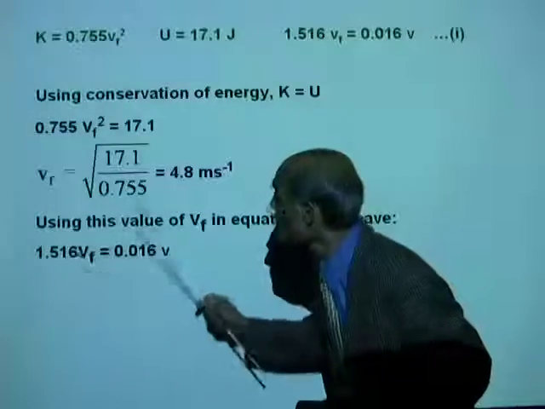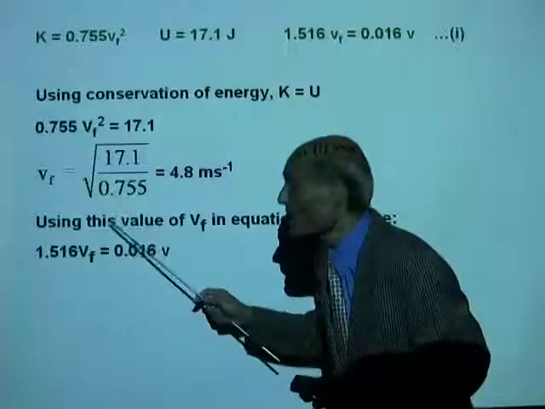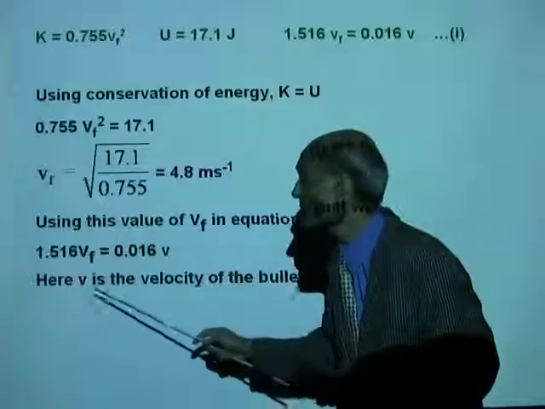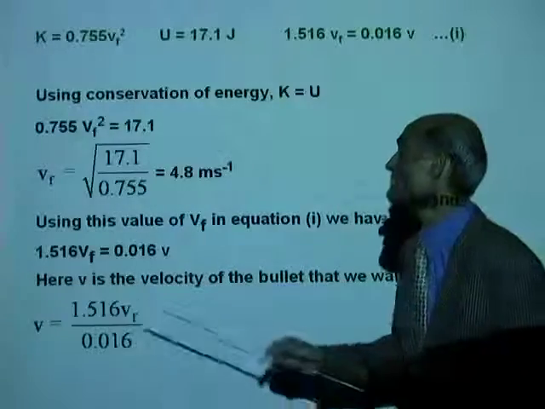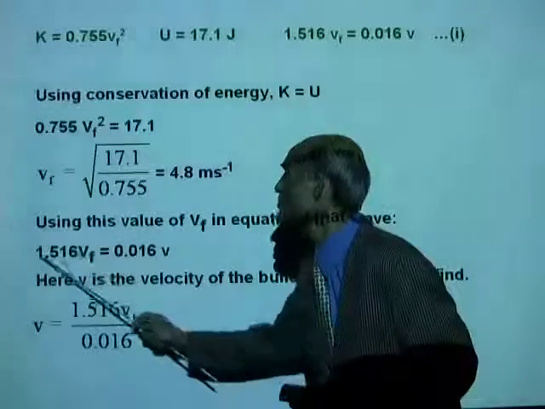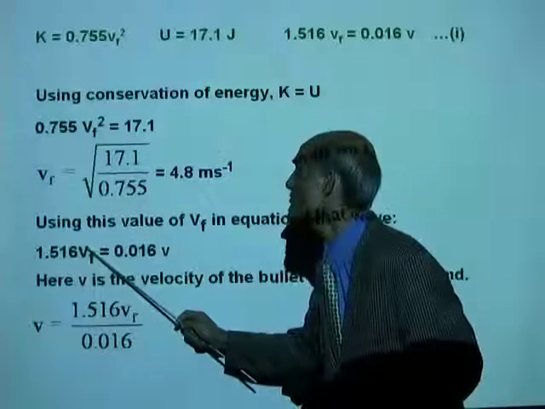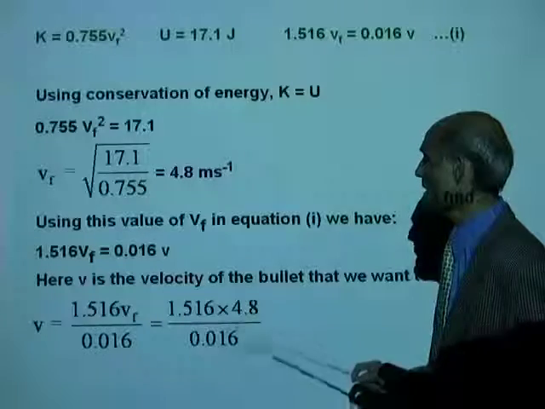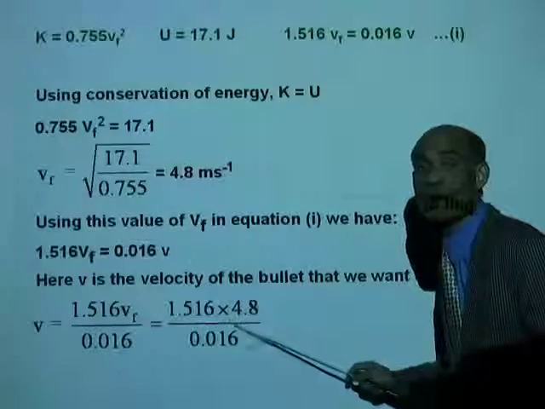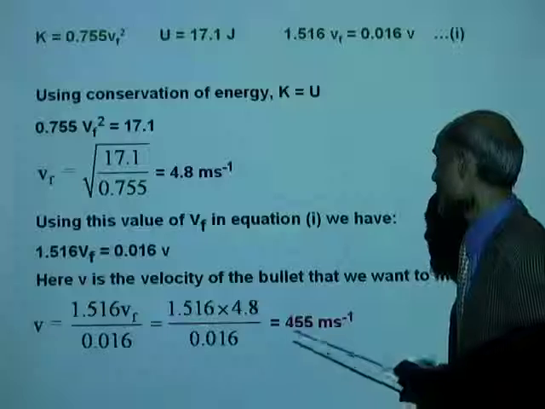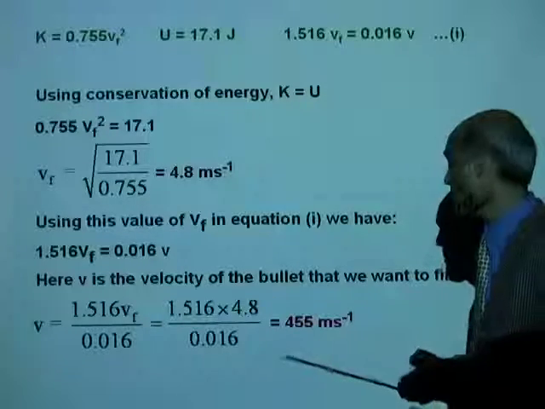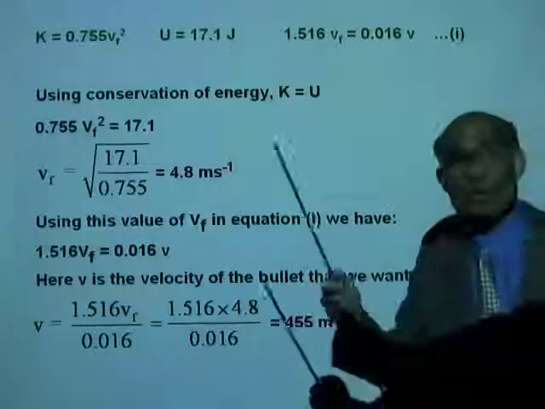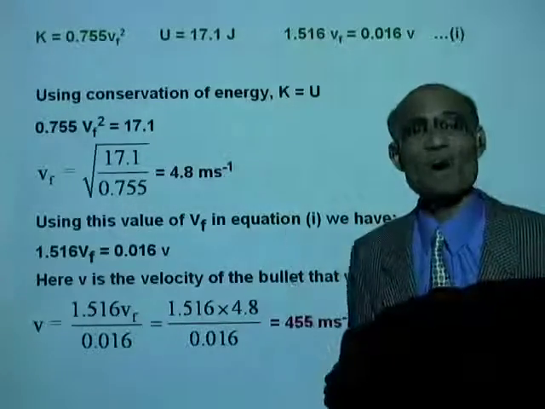Now we use the conservation of energy and obtain the value of that Vf. Using that, we can now find V. V equal to 1.516 Vf divided by 0.016, and using the value of Vf, that is 455 meter per second, and that is the velocity of impact of the bullet.